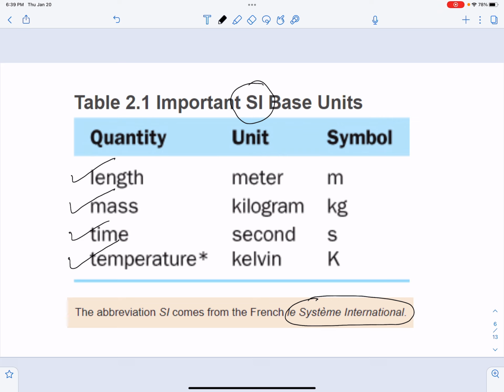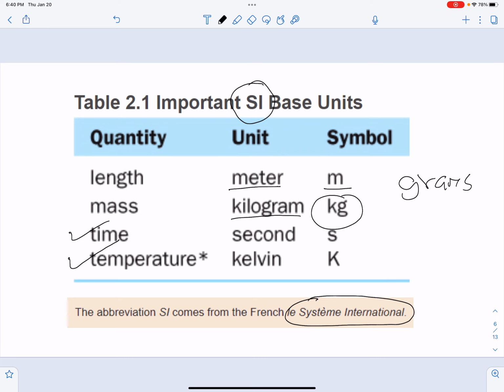For the SI system, length is going to be measured in meters, and then we have a symbol so we don't have to write the whole word. The mass is going to be measured in kilograms. And as you notice, you're probably used to grams. So why use kilograms?